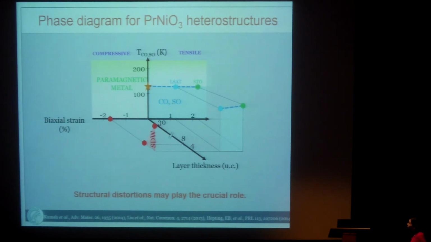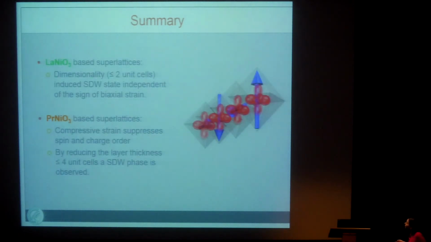Taking all this together, we concluded that the structural distortions possibly play a crucial role in determining the physical properties of these praseodymium nickelates, and that's something we are further studying also by non-resonant X-ray diffraction.